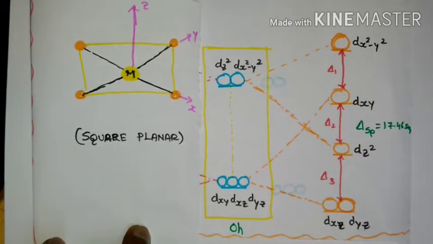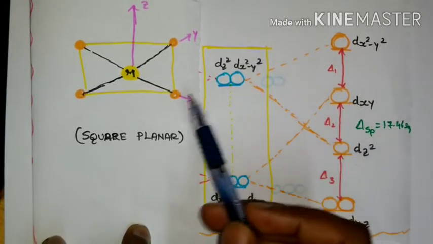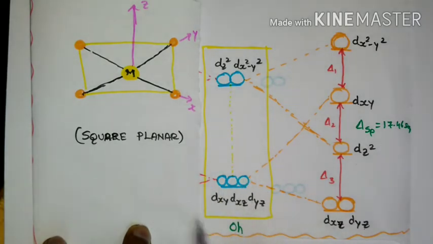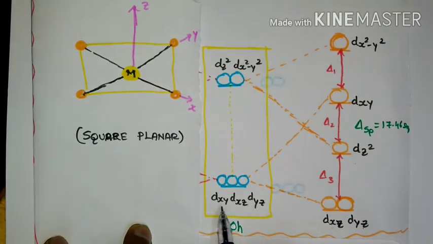Their energy will decrease, whereas the d orbital which contains the xy component, their energy will increase. Means if you look at this octahedral geometry, dxy, dxz, dyz are degenerate. In the case of square planar, dxz and dyz, which contain the z component, their energy will come down, whereas dxy energy will increase.